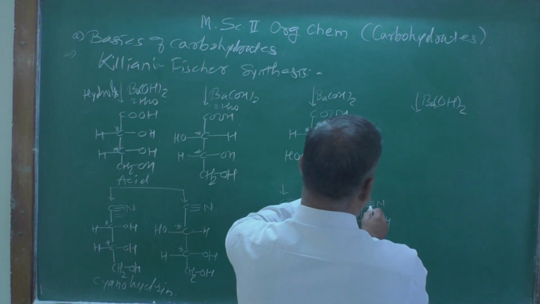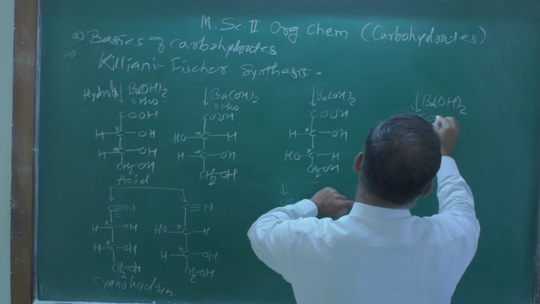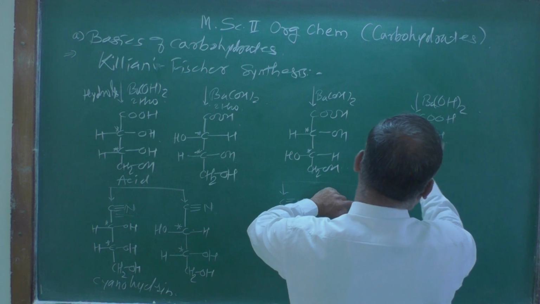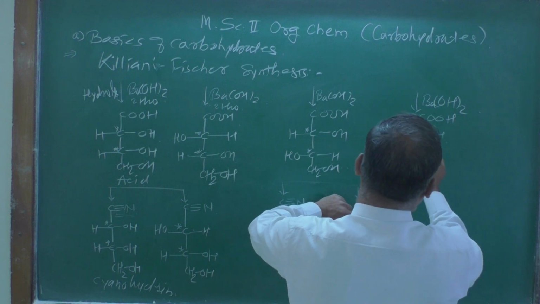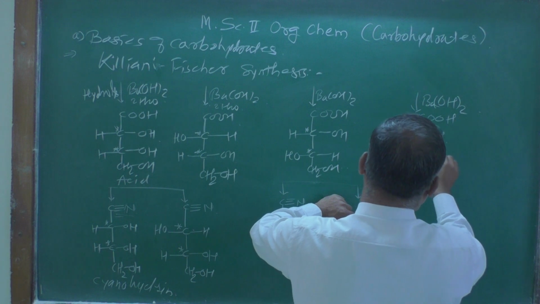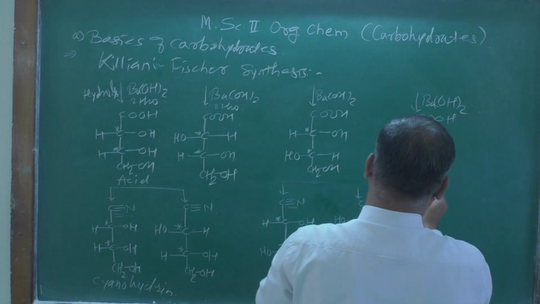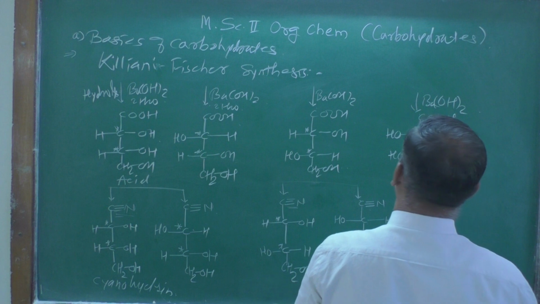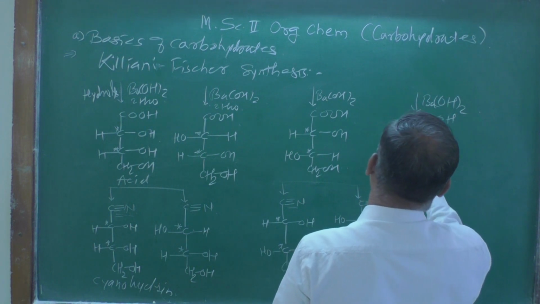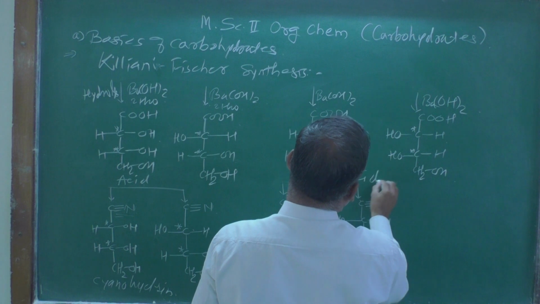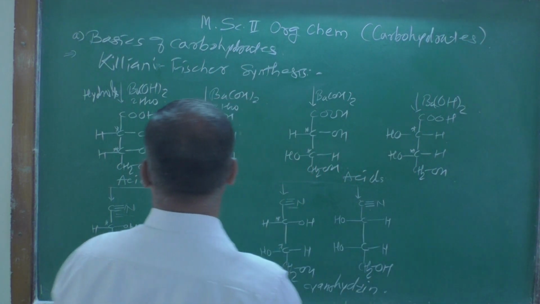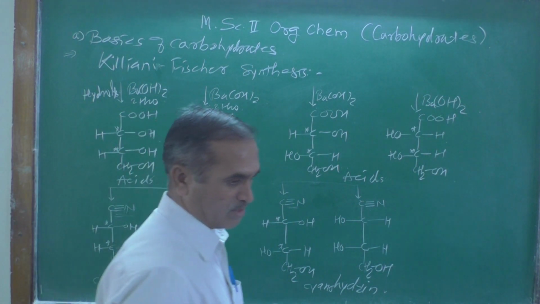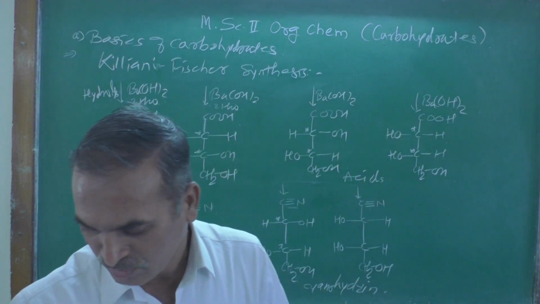After the hydrolysis of that cyanide group, it gets converted into a carboxylic group, and the remaining is H, then HO, then C, here H, hydroxyl on the left-hand side, and then CH2OH. That is the compound which we got. All are the acids, right? These are the acids which we got after the hydrolysis of the cyanohydrin derivative.